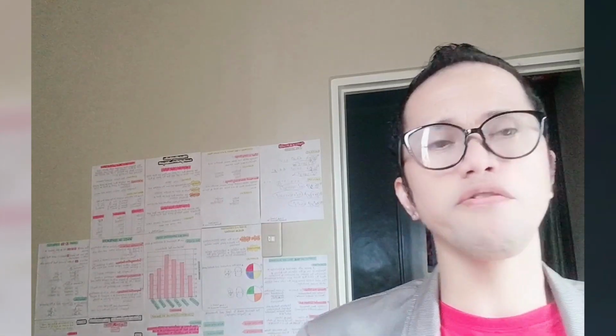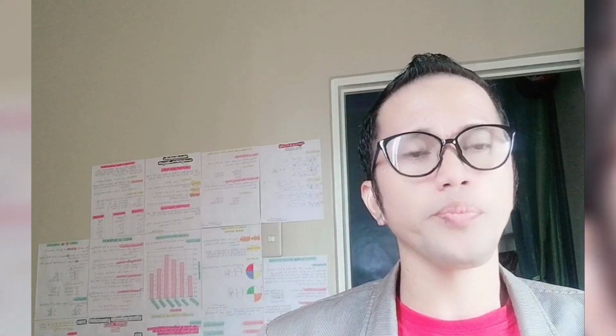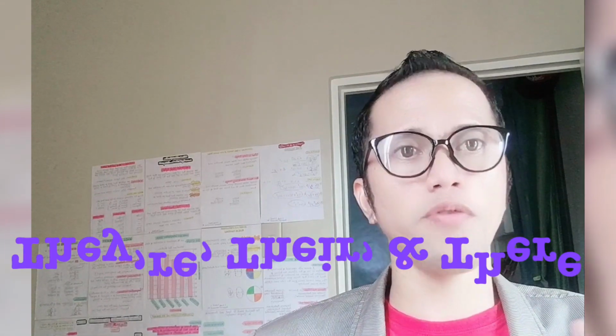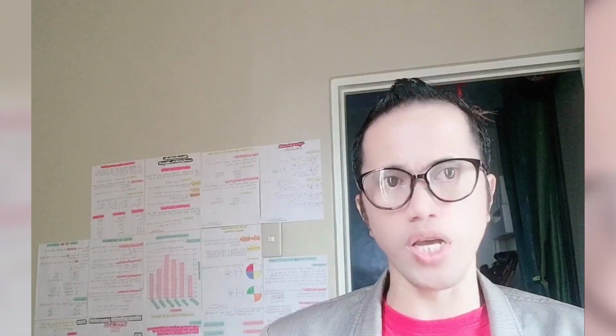So today, my dear viewers, we are going to tackle confusing words. How do you remember or differentiate these confusing words? These words are there, their, and there's, a contraction form of they are. These three words are very confusing because they are what we call homophones.